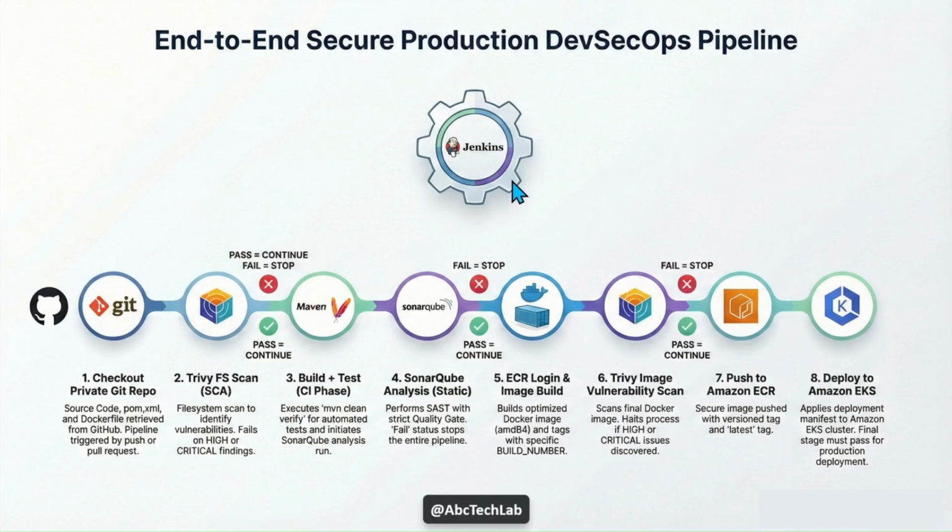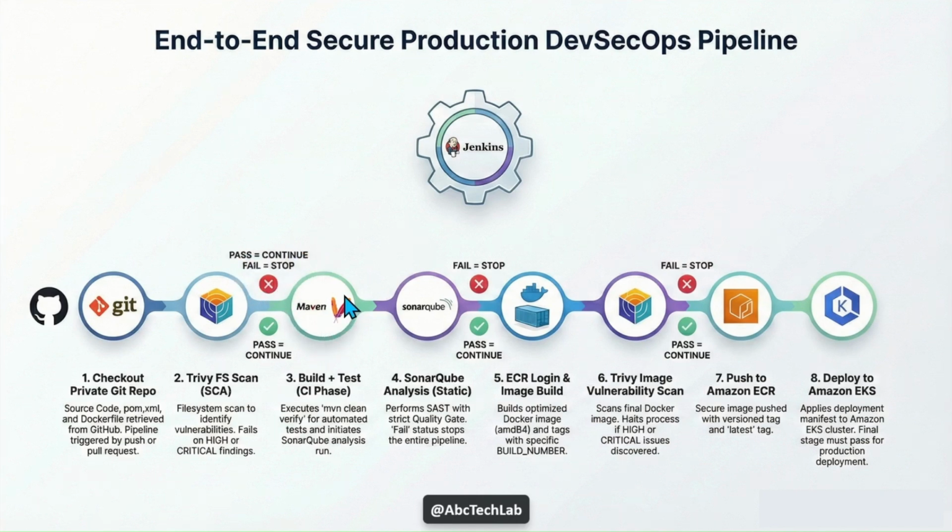The pipeline has some stages, including checking out a private Git repository, which requires credentials, and then you will see the Trivy file system scan, that is SCA. This scans third-party libraries like those in pom.xml for vulnerabilities, checks OS packages, and searches for exposed secrets. If high or critical vulnerabilities are found, the pipeline will fail.